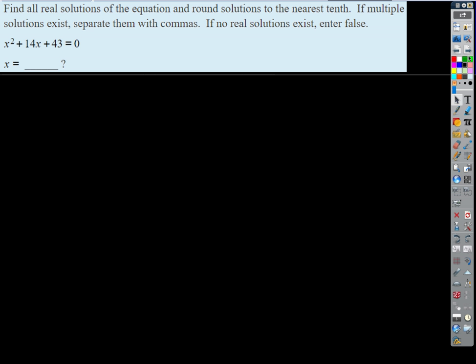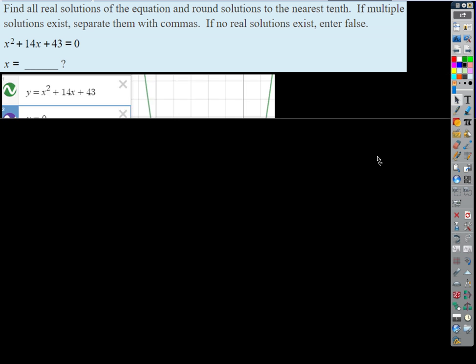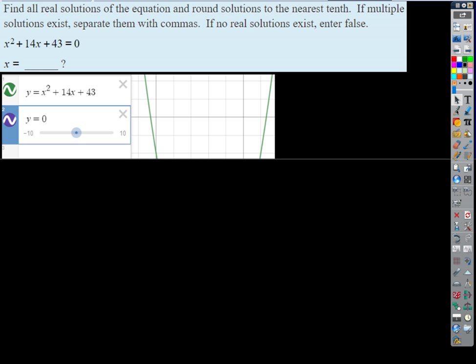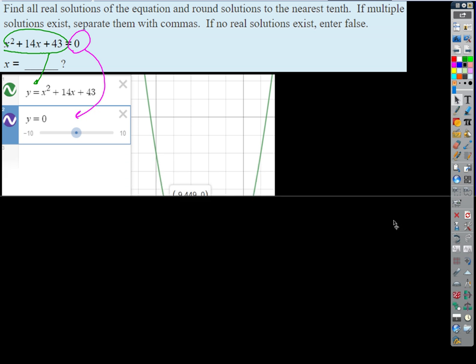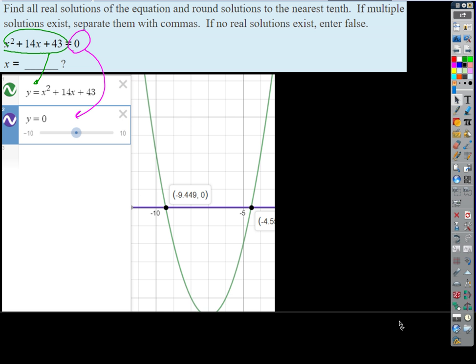This is on the graphing calculator, the Desmos part of the test, test number 2. All we do is graph whatever's on the left of the equal sign, graph whatever's to the right of the equal sign, and we look for the intersection of the two. Agreed? And we want the x-coordinates of the intersection, okay?